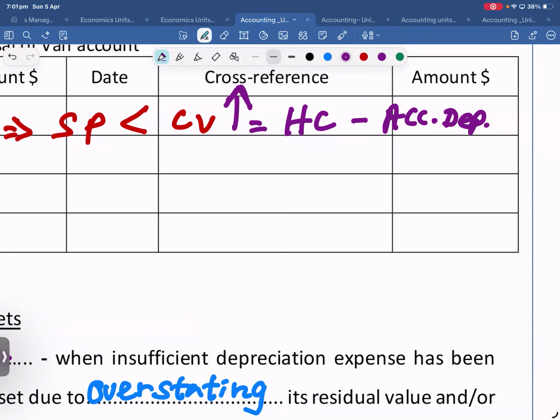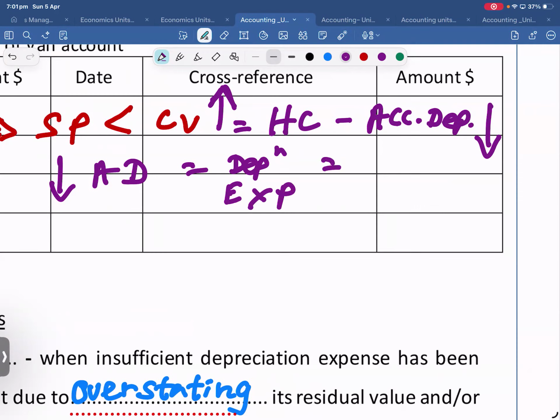Now, to get low accumulated depreciation, our depreciation expense should have been low. Now, how do we calculate the depreciation expense? Using the straight line method: HC minus RV divided by life. Now tell me, to have a lower depreciation, think about the RV and life, without the historical cost.